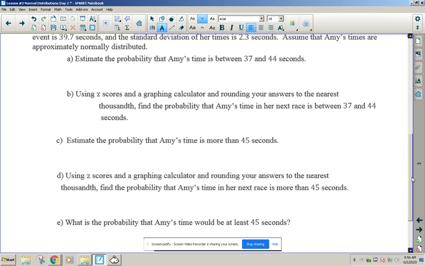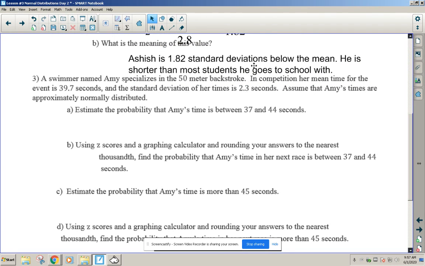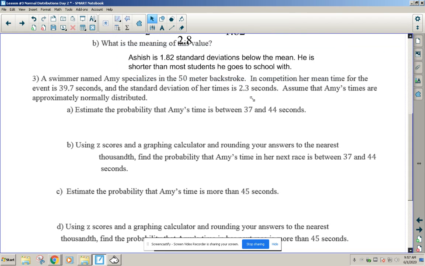All right. So now if we start moving into the z-score and calculating, estimate the probability that Amy's time, oops, sorry, didn't read the problem. Amy's a swimmer, and she has a mean of 39.7 seconds with a standard deviation of 2.3 seconds. So let's underline that. So she has a mean of 39.7.